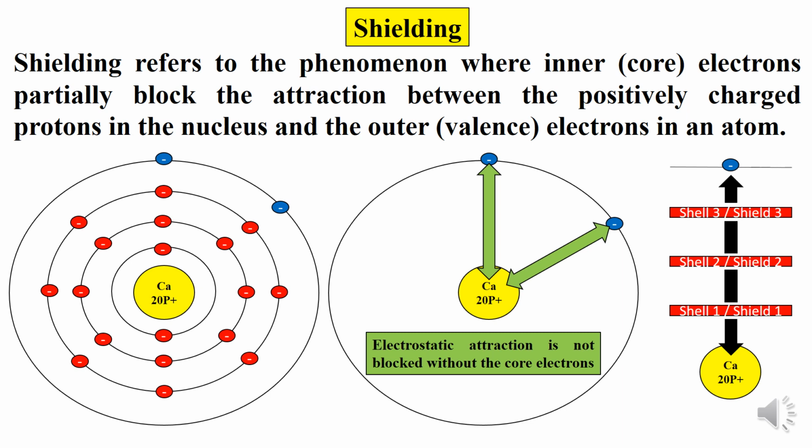So in case of calcium atom, the shielding is because of the core electrons present in the shells 1, 2 and 3, and these 3 shields reduce or partially block the electrostatic force of attraction between the positively charged protons present in the nucleus of calcium atom and the valence electron present in the valence shell. Now in the presence of core electrons, the electrostatic attraction is blocked.